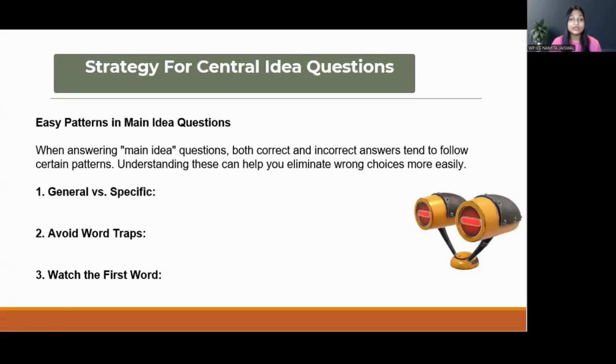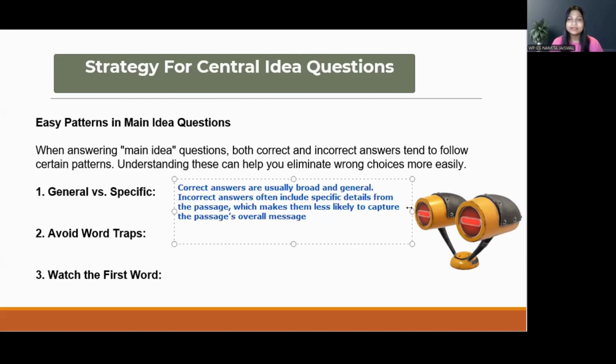Correct answers are usually broad and general, whereas incorrect answers often include specific details from the passage, which makes them less likely to capture the overall message. Let me write it down for you. This is something which you have to consider.